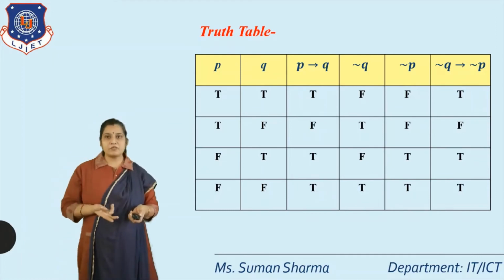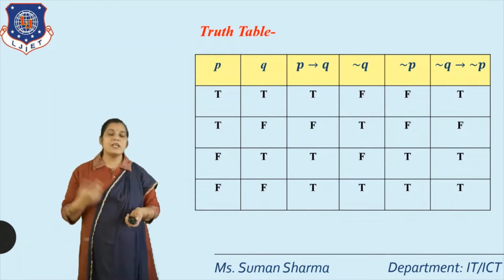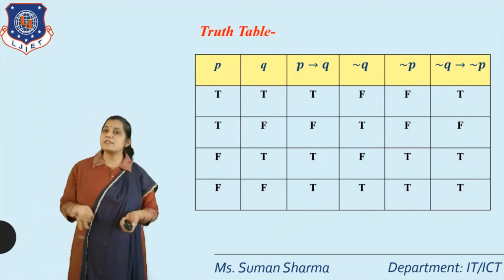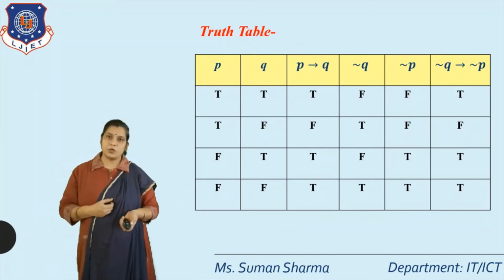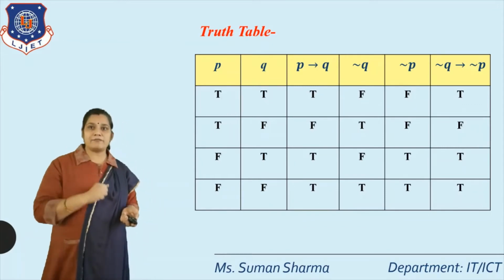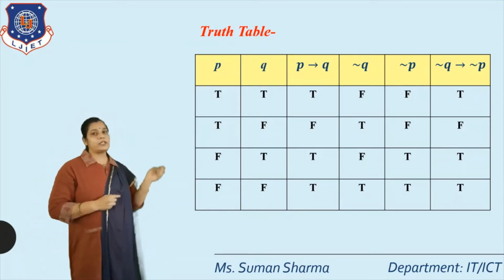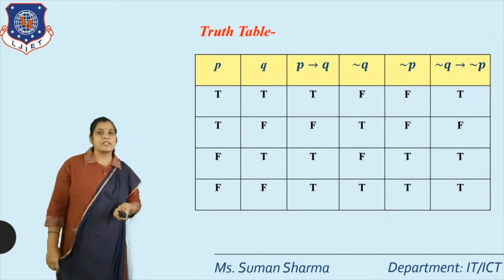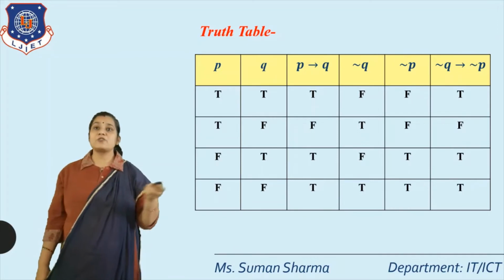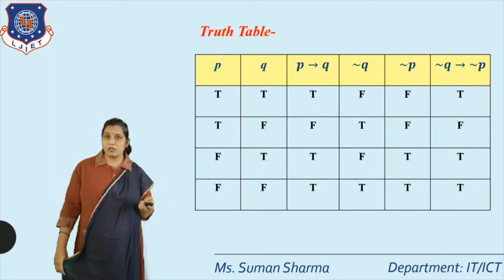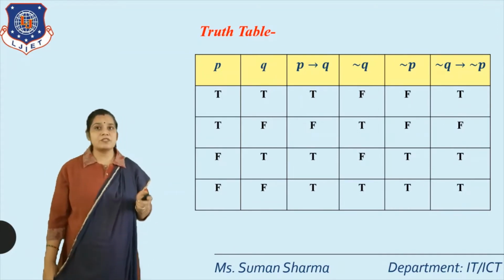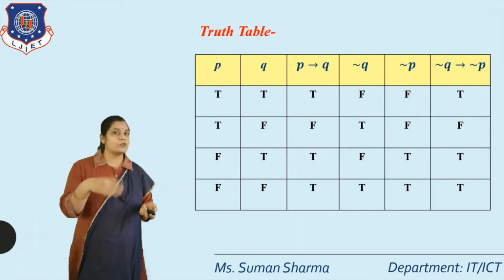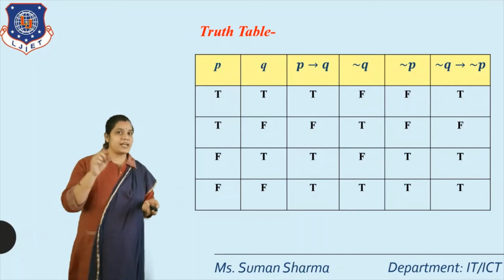And with the help of this process, we find out negation P. If P is true, negation P is false, and if P is false, negation P is true. So P is T, T, F, F, and negation P is F, F, T, T. Next one is negation Q tends to negation P. So for your fourth and fifth columns, if tends to, we use if and then. If two statements are true or two statements are false, we write true.